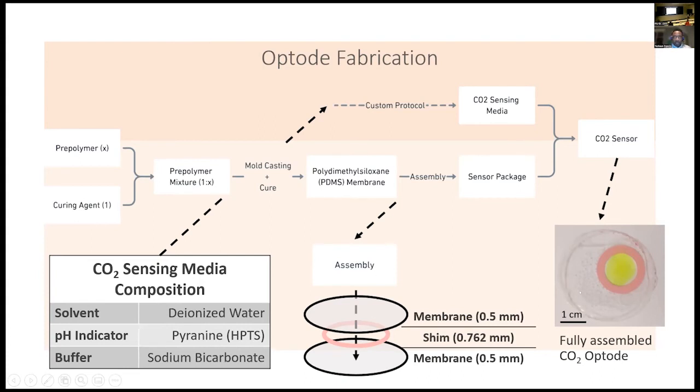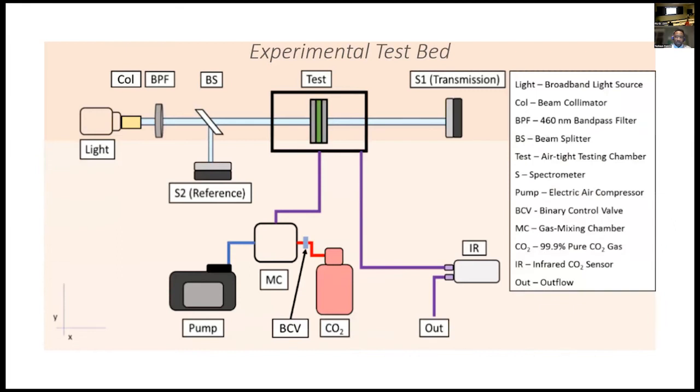They're fairly small, and the idea is that they are flat and lens-like is the best way to describe it. In this way, we can do some very simple absorption spectroscopy measurements to monitor the absorbance through the sensors.